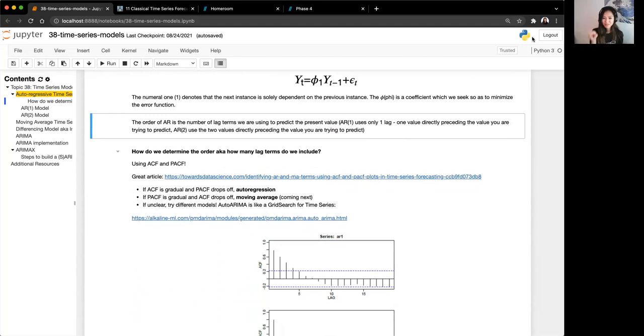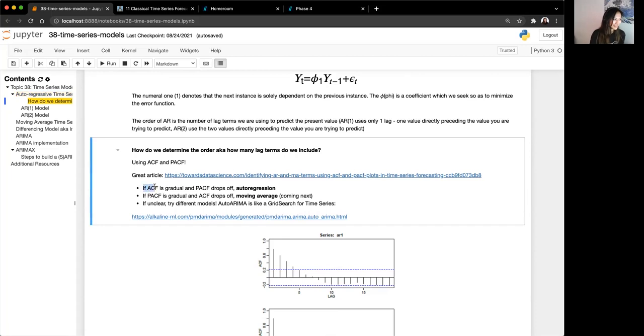One of them tells you what to do for AR terms, one of them tells you what to do for MA terms. So I wrote it out here. If your ACF is gradual and PACF drops off, look at autoregression. And if PACF is gradual and ACF drops off, you want to look at moving average, which is coming up next. If it's unclear, you can try out a bunch of different combinations of AR terms and MA terms.